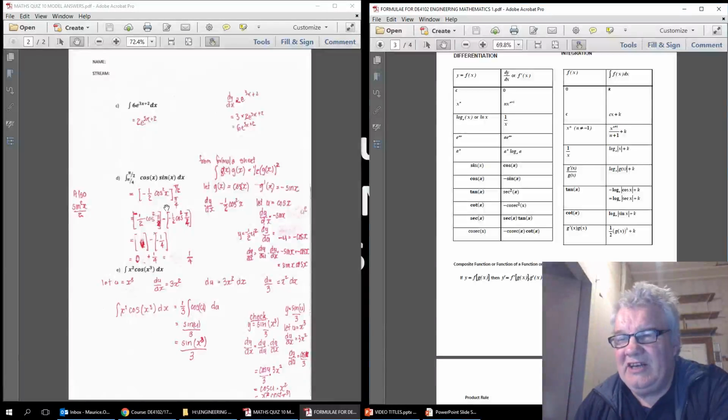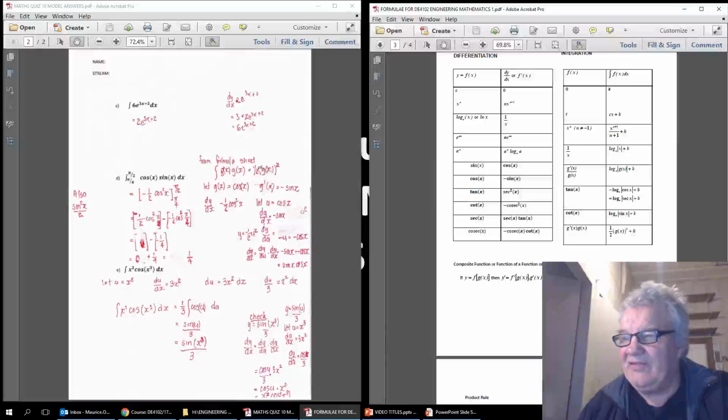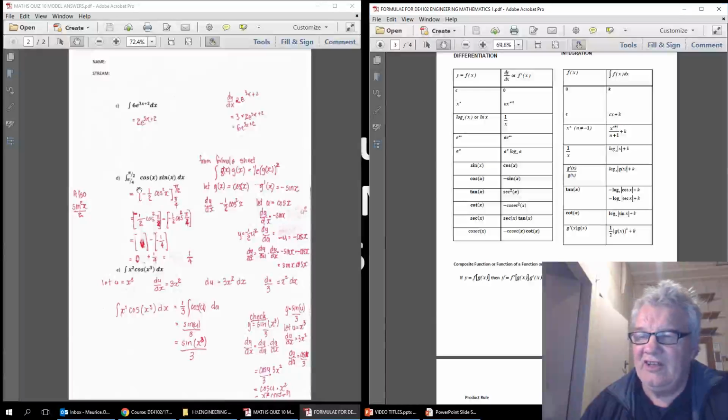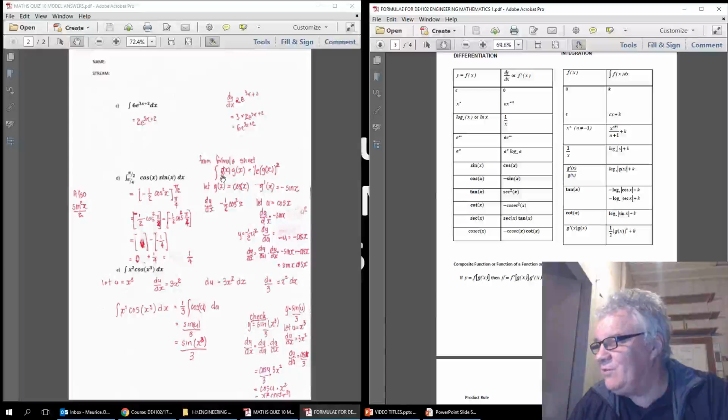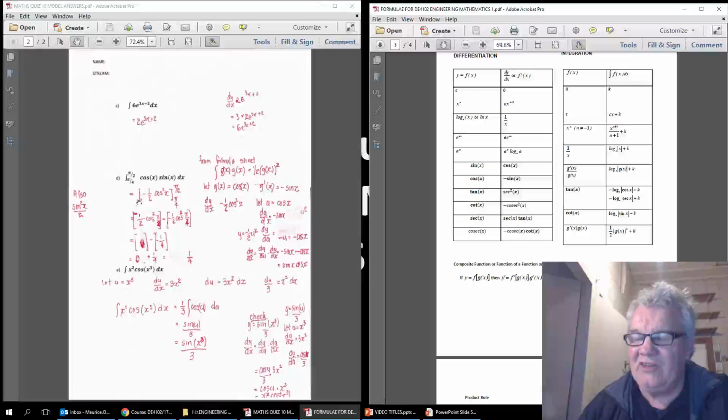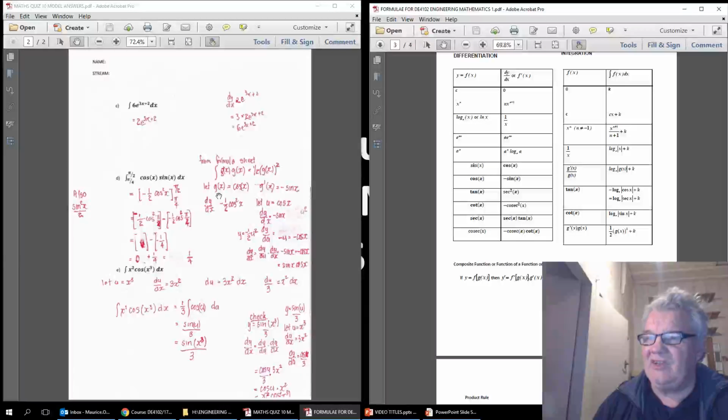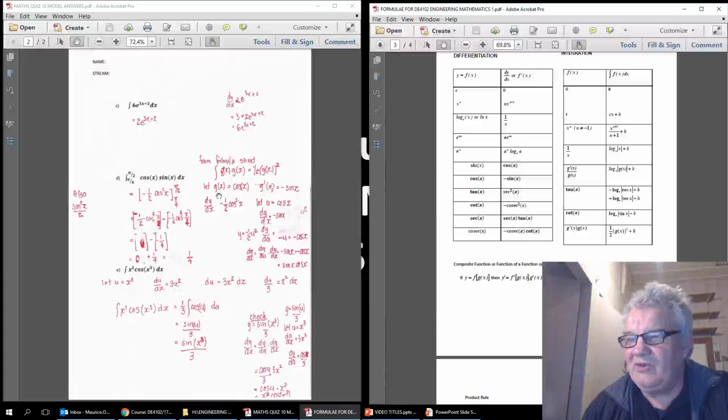So we get negative a half cos squared x, using this little formula here, where you've got the function times its derivative. So that's where that works out. So we've got g of x equals cos x, g dash x equals negative sine x. So dy by dx equals negative a half cos squared x, which is what we've put there.